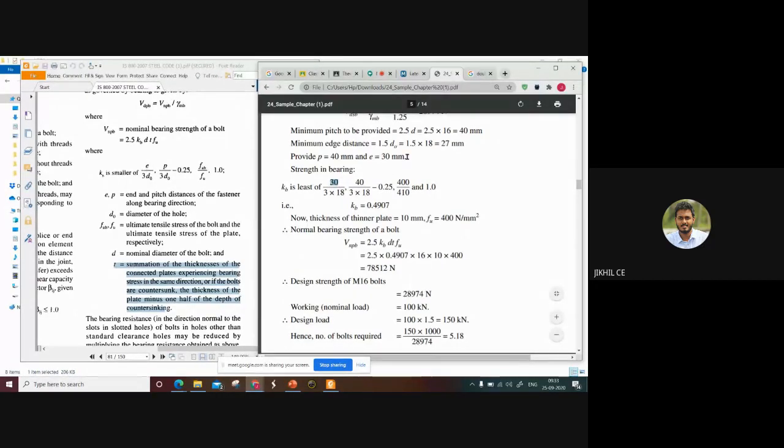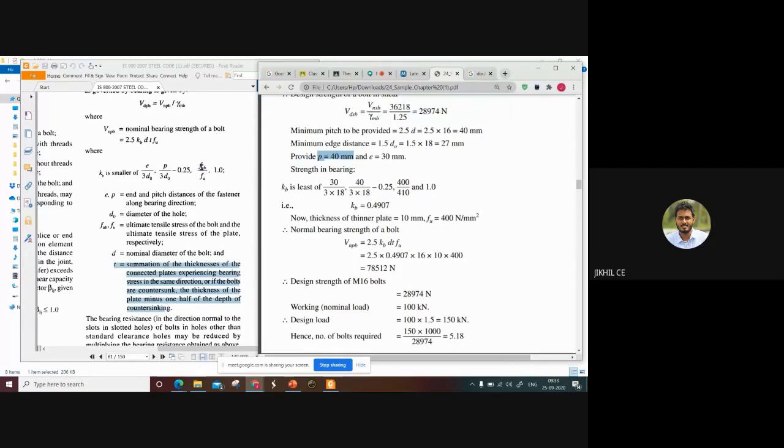We provided the end distance of 30 mm, so E by 3 into d0, where d0 is the hole diameter, 18, and next one is P by 3d0. P is the pitch value. We provided a pitch of 40 mm, so 40 divided by 3 into 18 minus 0.25.